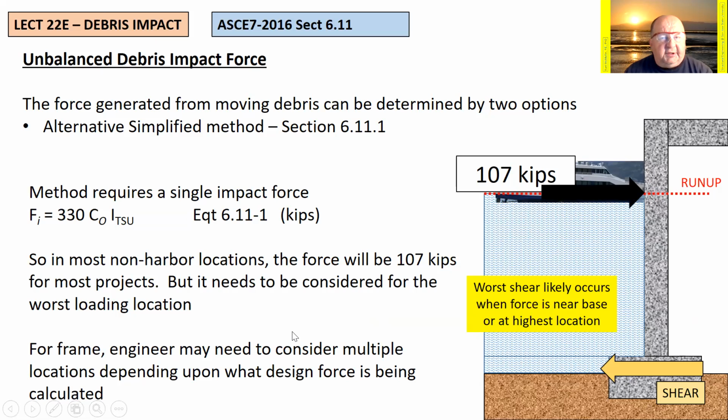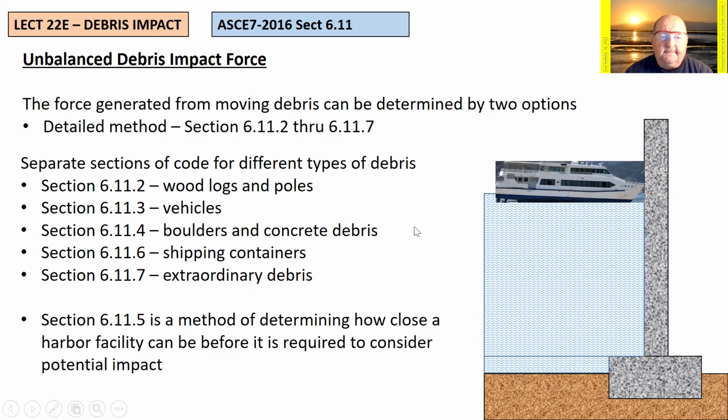So even though we're considering only one force at a time, we may need to consider multiple locations. And in fact, if I'm checking the shear at the top of the column, I may need to move that force all the way to as high as it possibly could be.